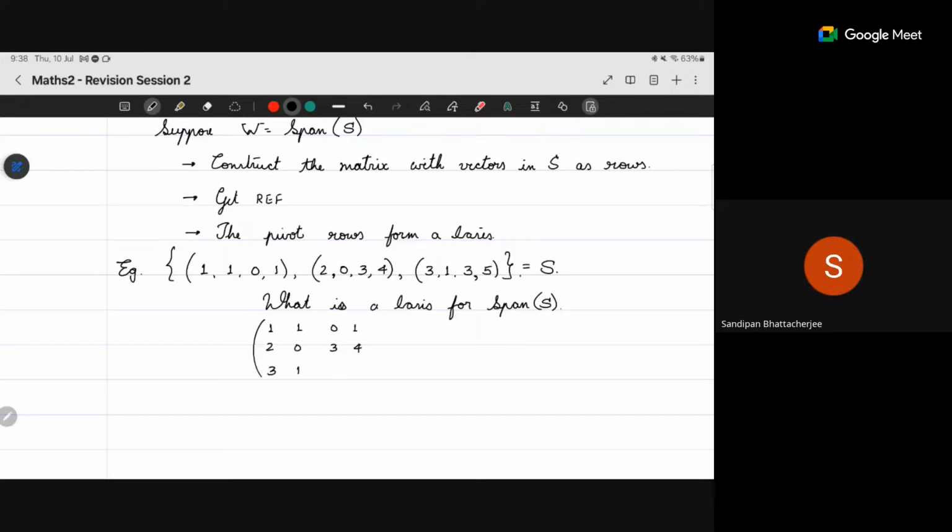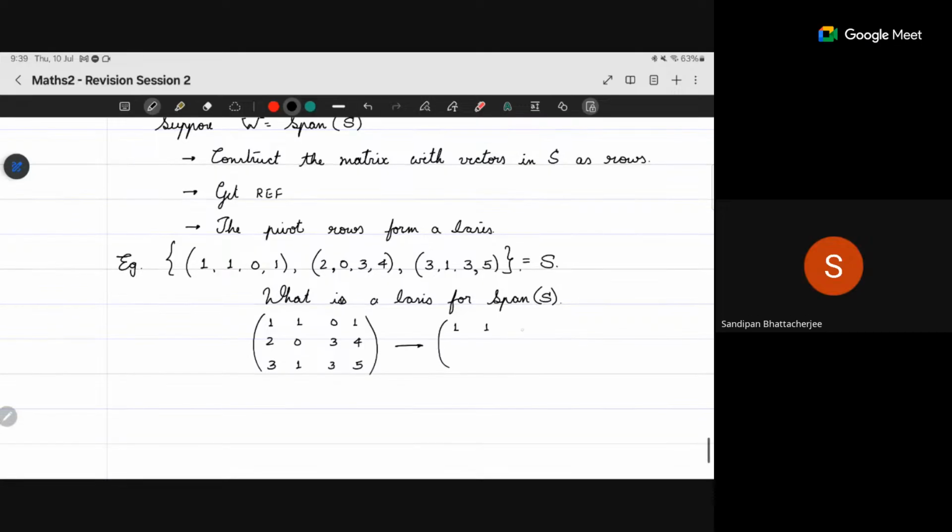So we'll perform the steps detailed above, which is construct a matrix with vectors in S as rows. Earlier we were doing columns, so this is the row method. You have to do it as rows and then row reduce to get the REF. How would I do that? R2 minus 2 times R1, and R3 minus 3 times R1.